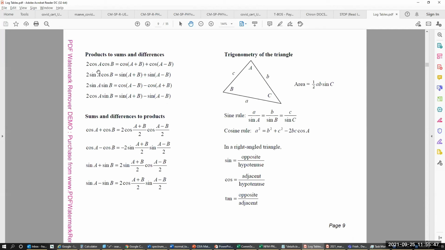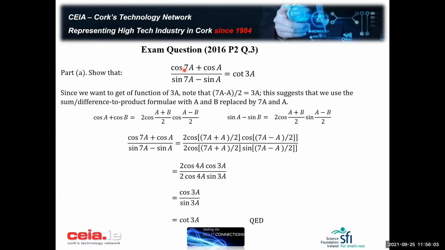the only one that looks like it might get you there is one of these formulae, where you have an a plus b over 2 and an a minus b over 2. If you subtract two angles and divide by 2, if you look at the actual problem, subtracting 7a minus a and dividing by 2 would get you to 3a.